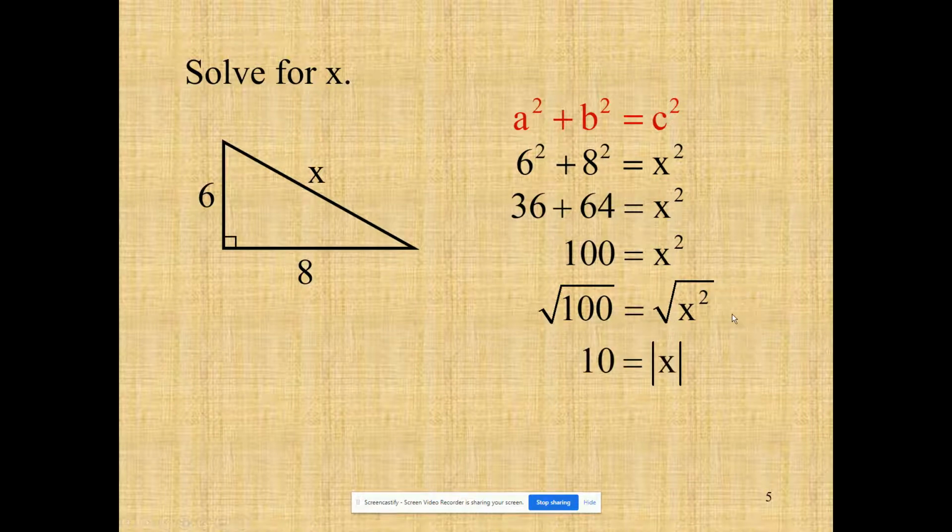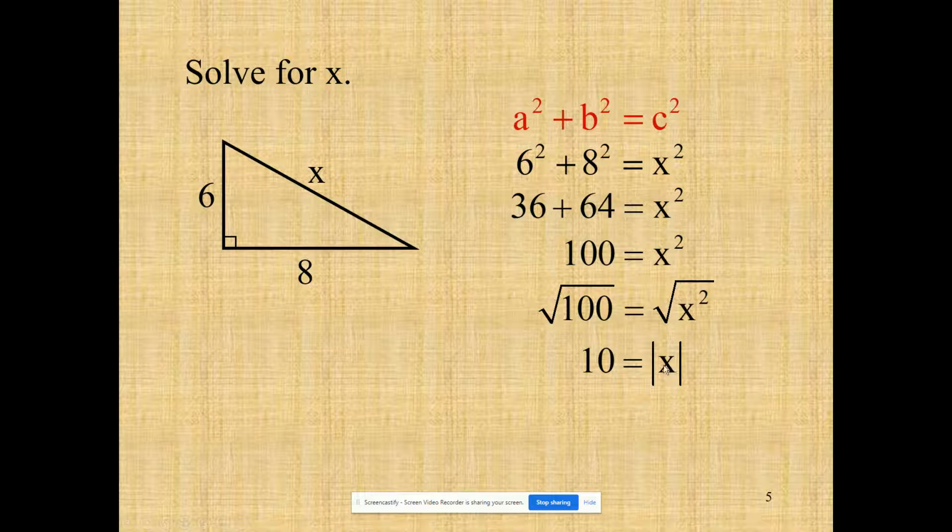I want to get rid of that exponent. 10 times 10 is 100, so 10 is my square root of 100. And the absolute value of x, remember these lines on either side of the x mean absolute value. The absolute value of x, so x squared, when I get rid of the exponent, I have an x here, and so it's x.